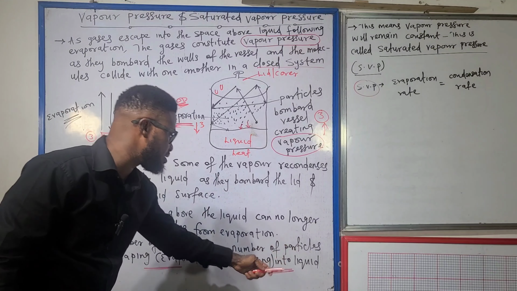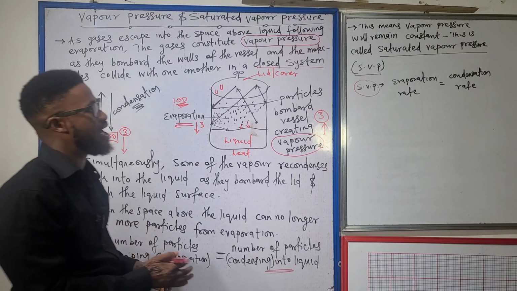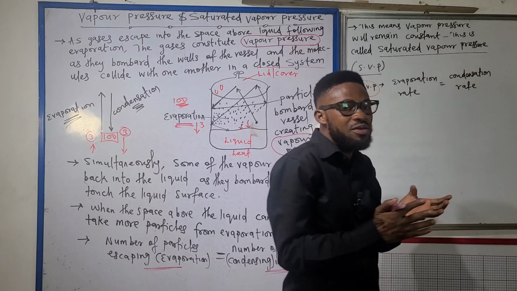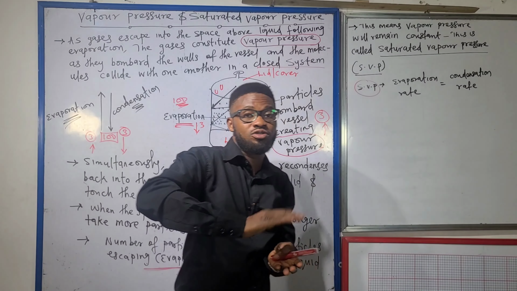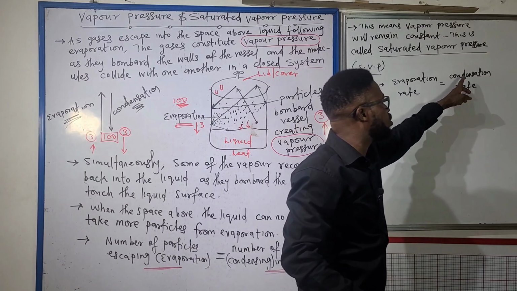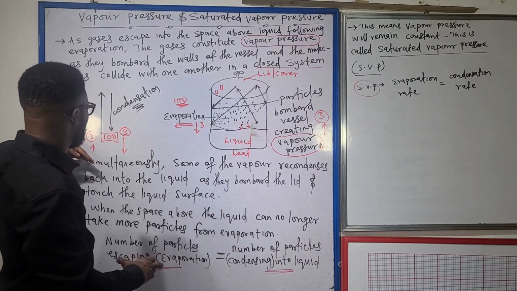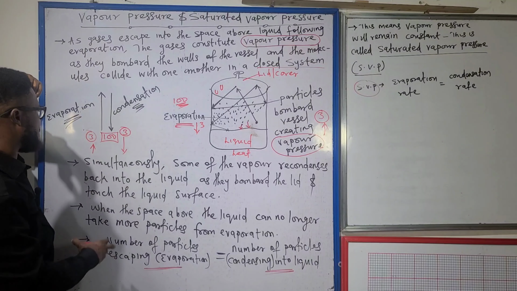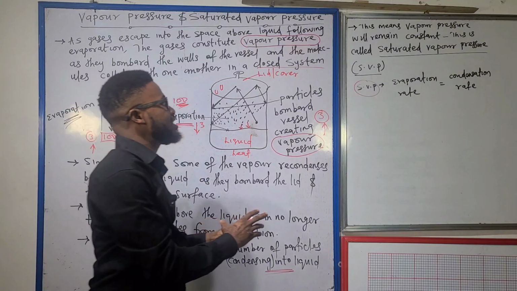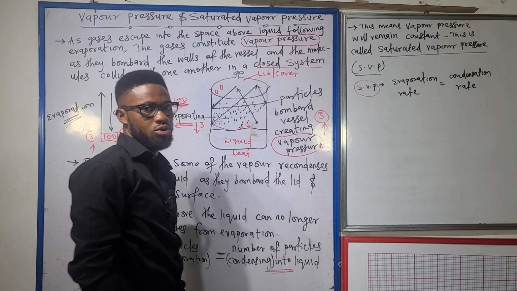That is what we call saturated vapor pressure, which simply means that the vapor pressure cannot rise again because the rate of evaporation is now equal to the rate of condensation. The number of particles escaping from the liquid equals the number of particles recondensing back into the liquid, and that is the case of saturated vapor pressure.